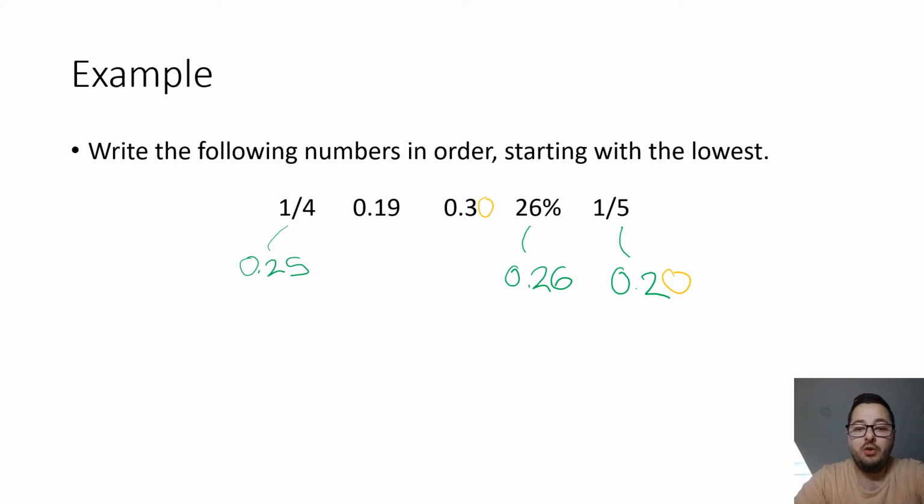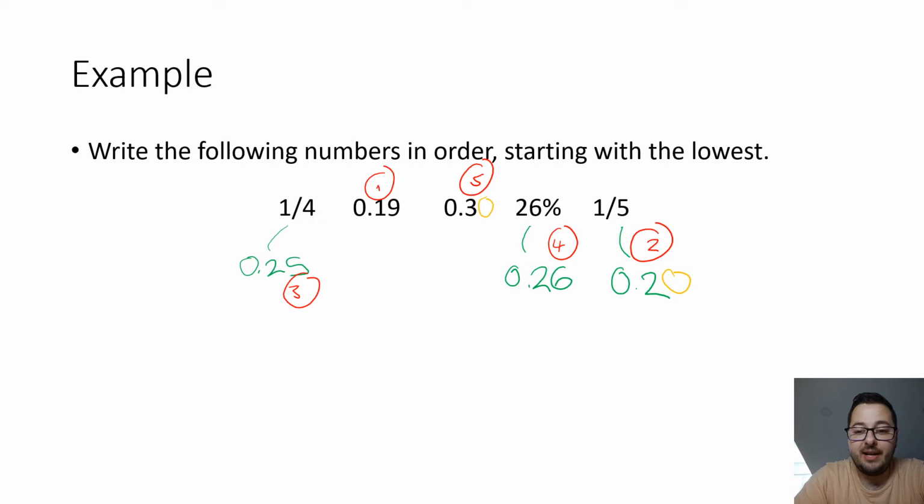Okay, so the lowest number looks to be 0.19, so let's just put a little 1 there for the lowest. Then the second lowest is going to be 0.2. Then it looks to be 0.25, then 0.26, and then 0.3.